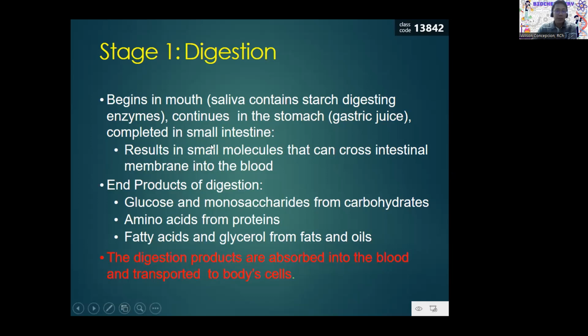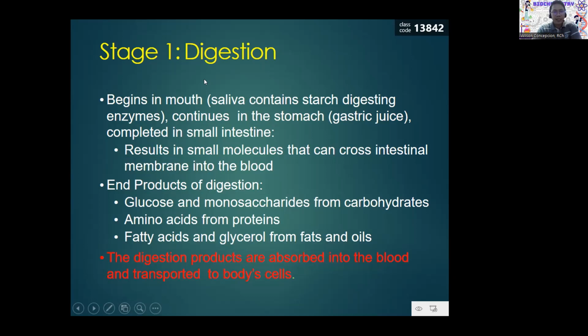So, ibig sabihin, pagdating sa small intestine, almost all of the food we eat is already converted into its simpler form. Okay? So what happens? Those small molecules will cross the membranes of our small intestine to the blood. Then the blood will deliver it to the cells that need to further convert it. The end products of digestion, we discussed that last week.